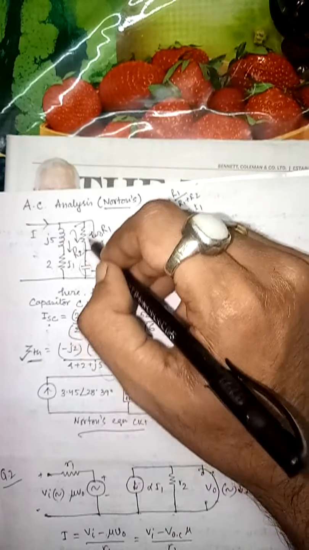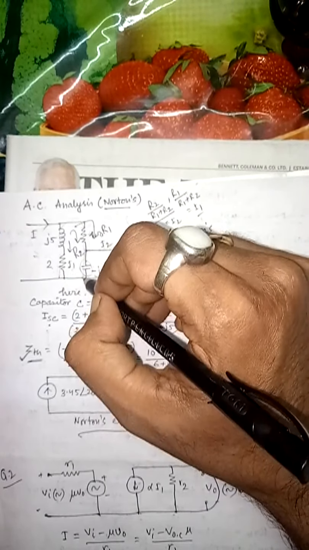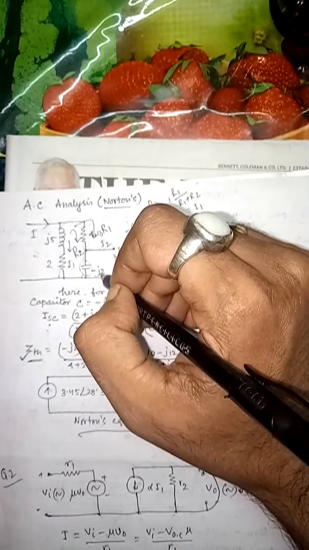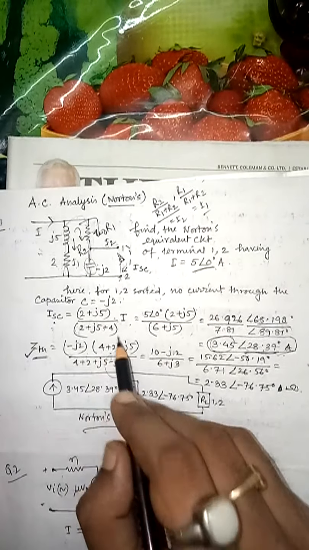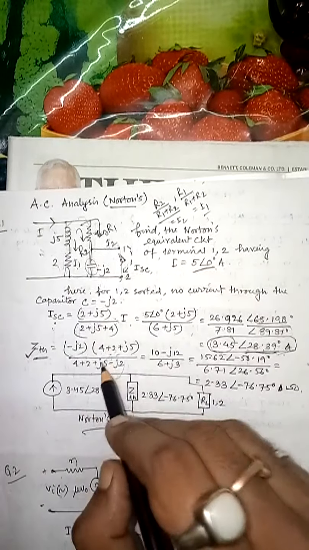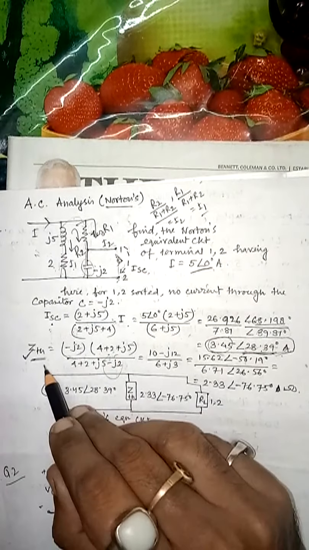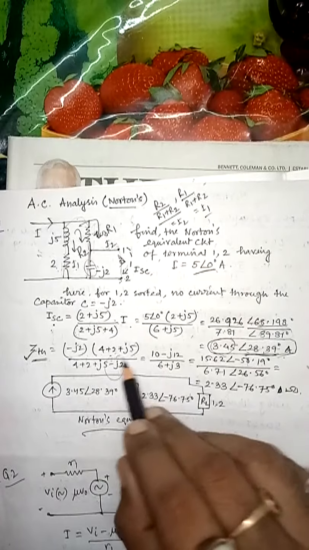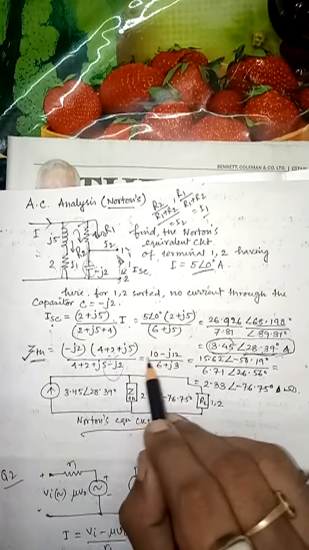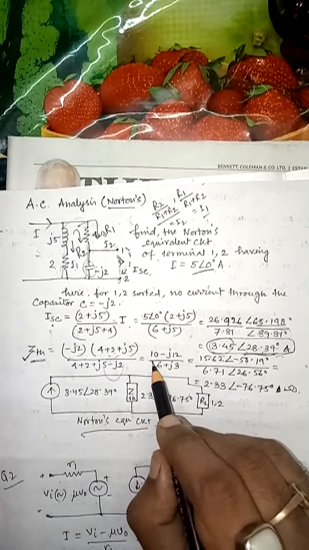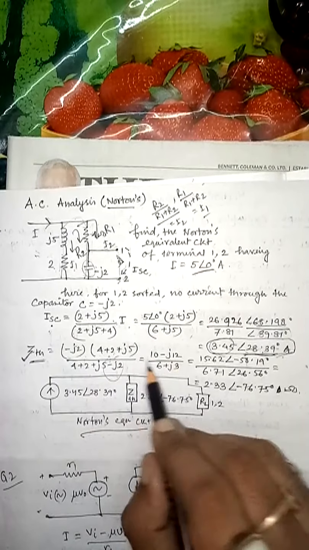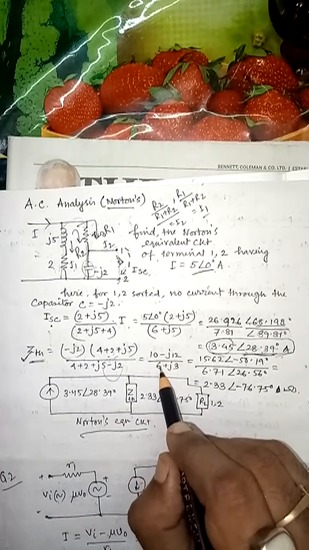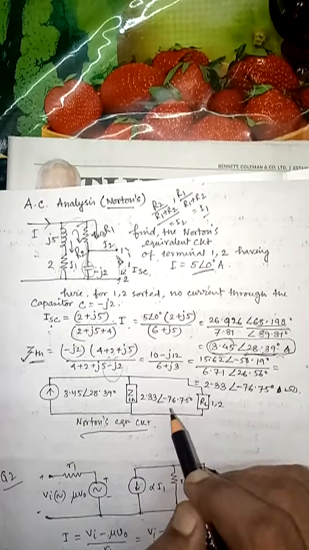These branches are parallel to each other, so that is j2 in parallel with 4 plus 2 plus j5, and that is the ZTH. Doing some mathematical calculation, it is 10 minus j12, you can do it by yourself, I did it. So that is 6 plus j3.